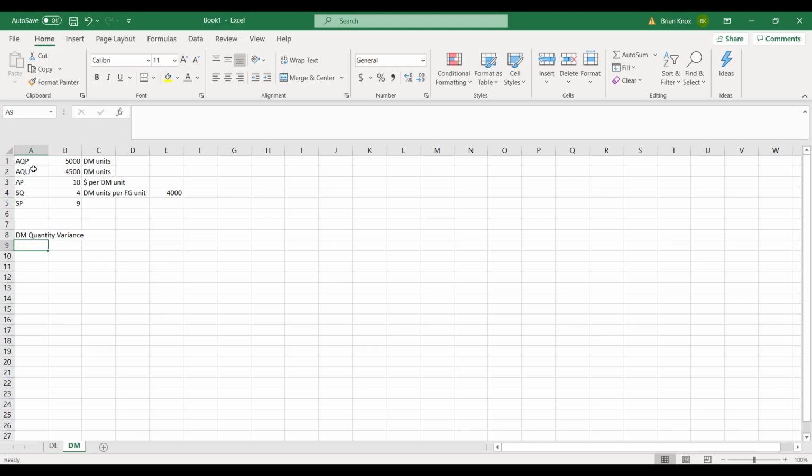So we have quantity variance here. We're going to calculate that out. We're going to be varying the quantity, and who decides the quantity? The production manager. How much the production manager used. So we want to compare actual quantity used against the standard quantity, and all that times the standard price.